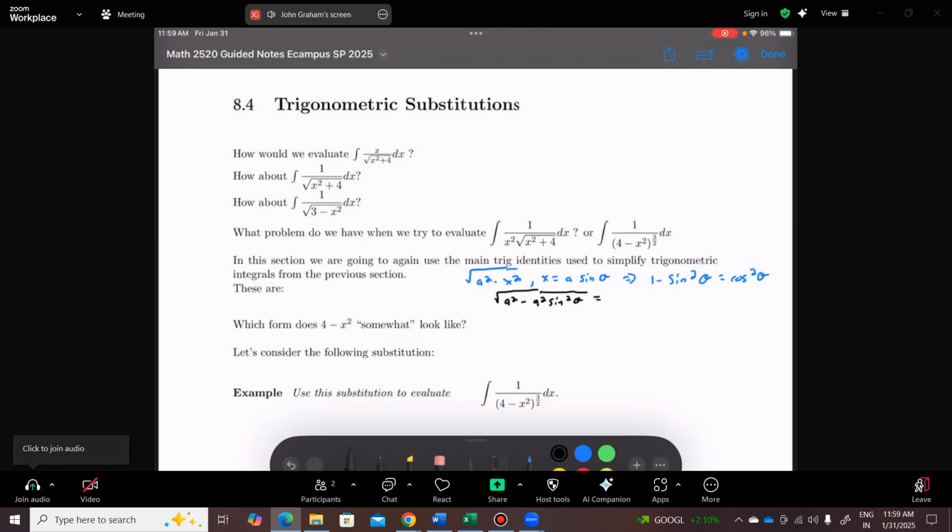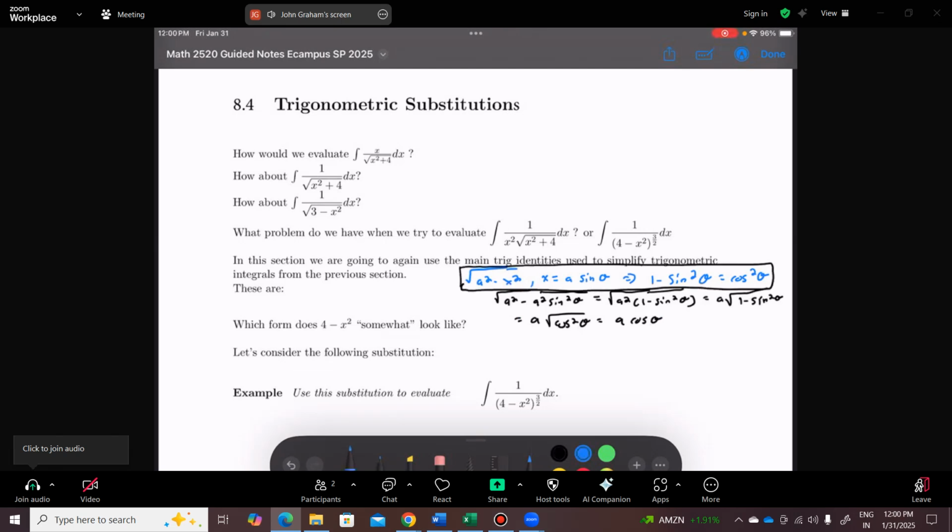Then you can factor out an a squared. You have 1 minus sine squared theta, and you can take the square root of a squared, and you get a times the square root of 1 minus sine squared theta. We know what that is, so that is a square root of cosine squared theta, which is a cosine theta. Right. So that's why we're going to use these, because of how they work. Okay, so that's the first one.